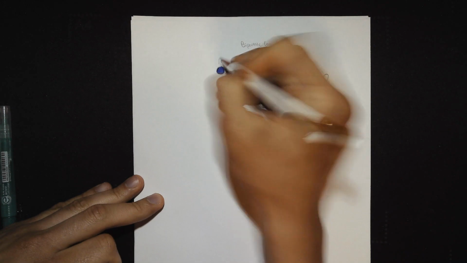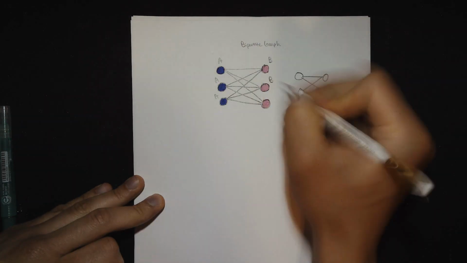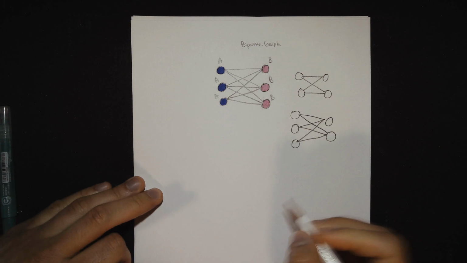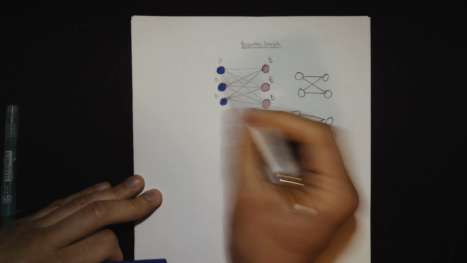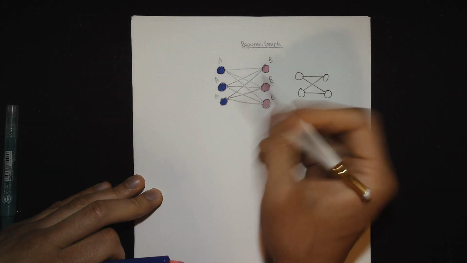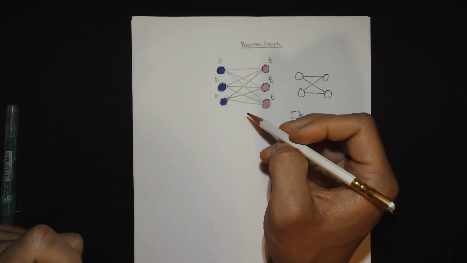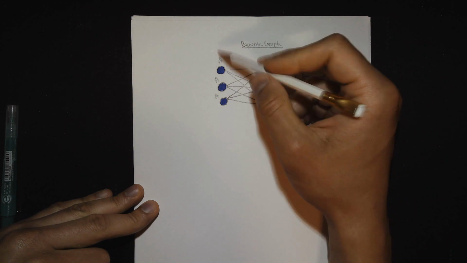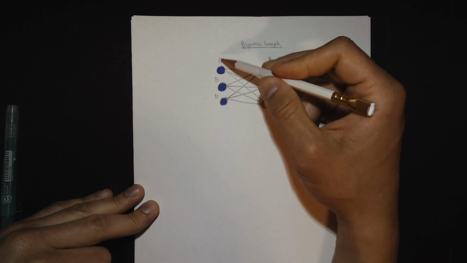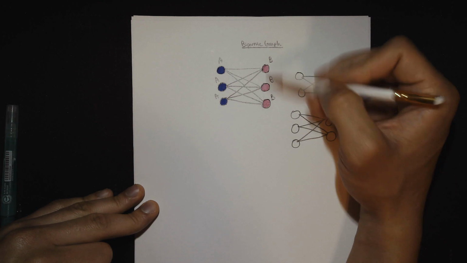So let's give these labels A, give these labels B. Is this coloring valid? Is this coloring such that every 2 adjacent vertices have a different color? Well, every vertex in the left column is adjacent to every vertex in the right column.